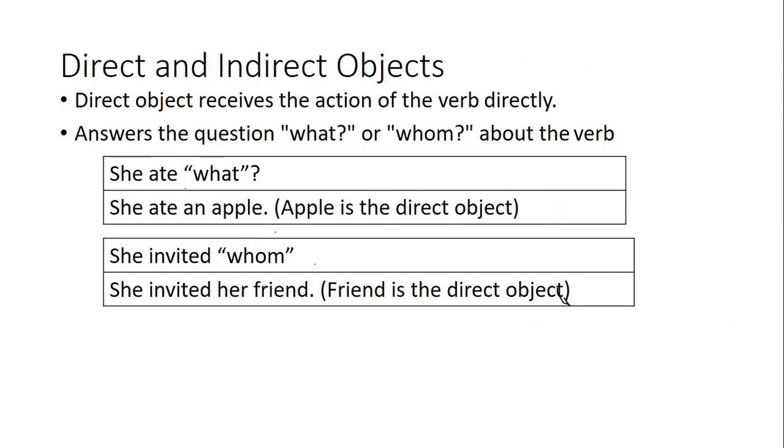Now, how to rectify whether there's a direct object which is receiving the action of the verb, or an indirect object which is receiving from the direct object.